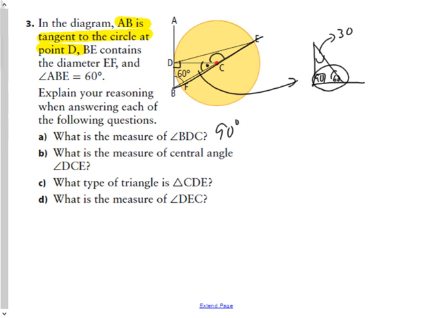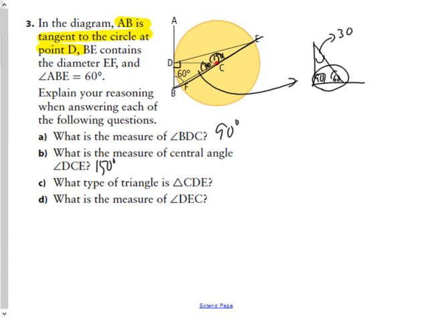So that little dot angle is 30 degrees. And since BE is a straight line, and a straight line is 180 degrees, 30 plus the remainder would be 180. So that angle DCE is 150 degrees, based on the fact that straight lines are 180. And those two angles, BCD and DCE, are supplementary, or add up to 180.